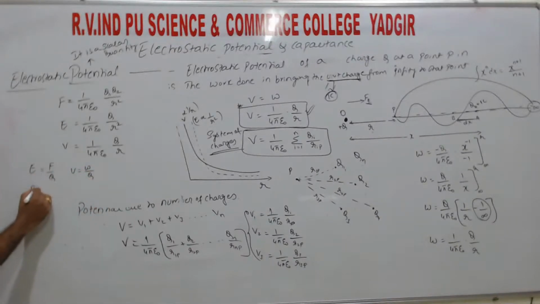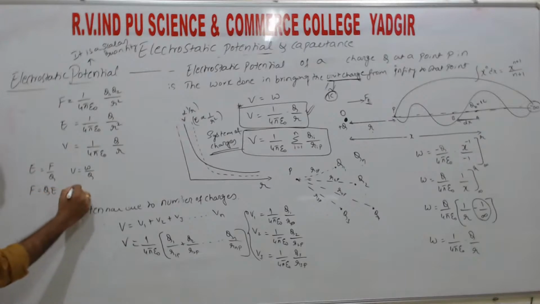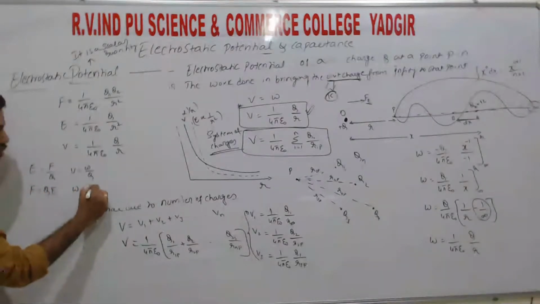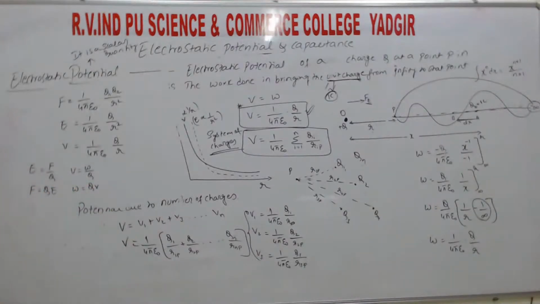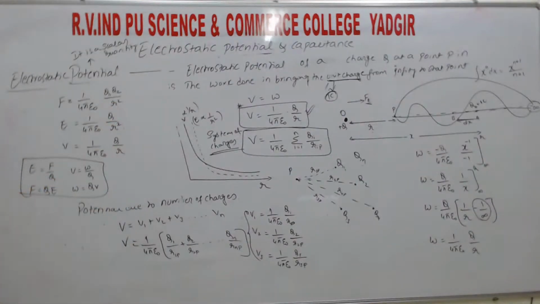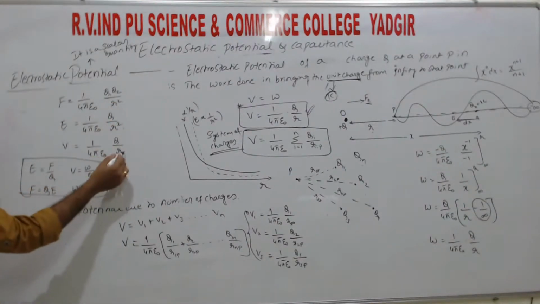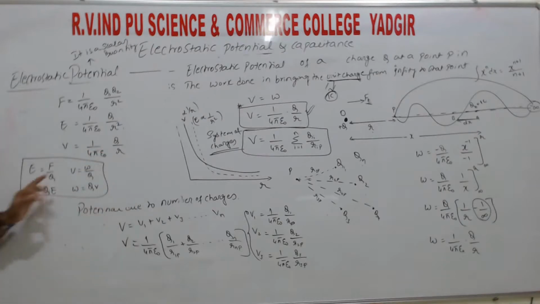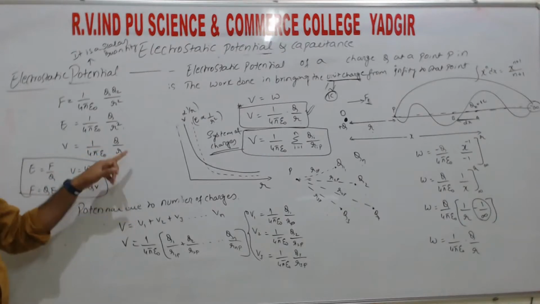So we can write F is equal to Q into E. In the same way, the work done is equal to Q into V, right? So these are the simple formulas. And in force and electric field we have the squares in the denominator. Here in the potential we have 1 by 4 pi epsilon naught Q divided by R, not R square.